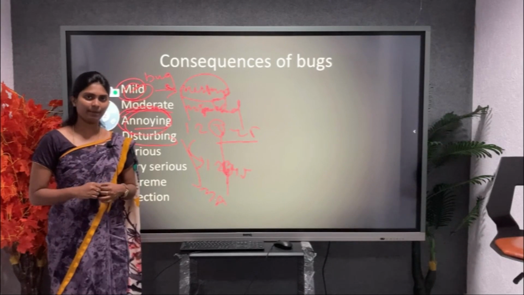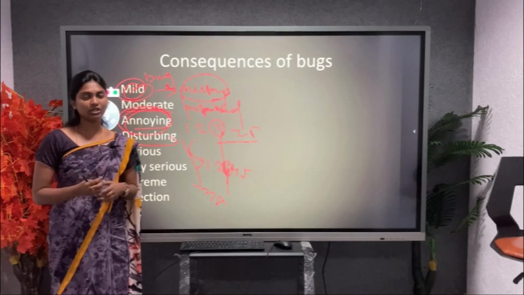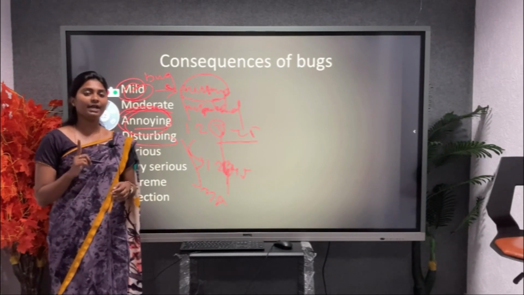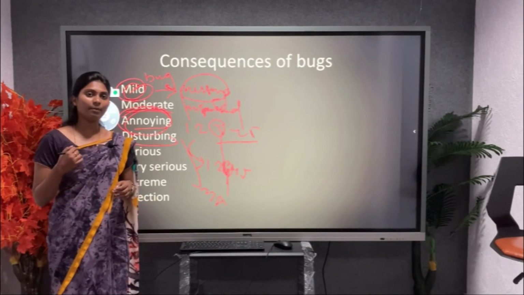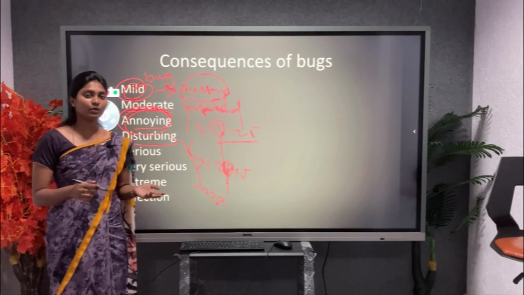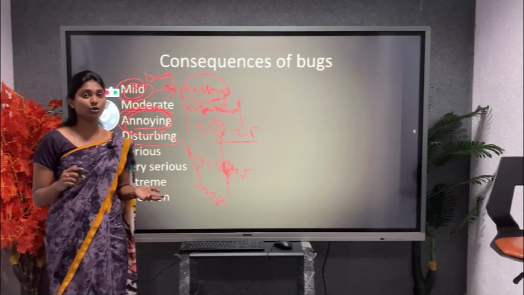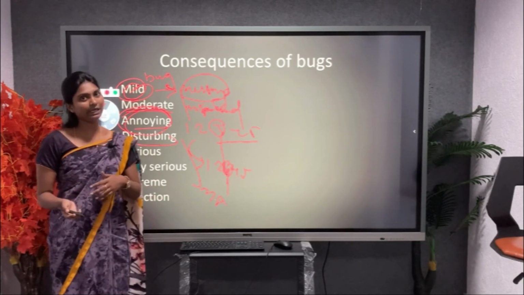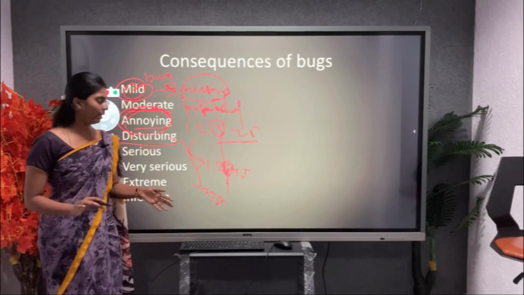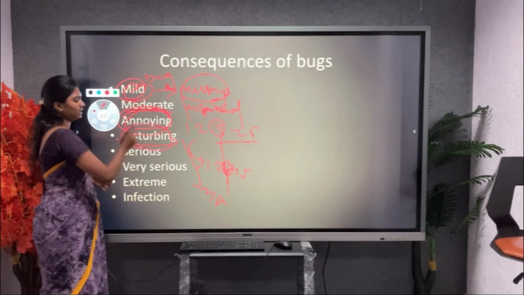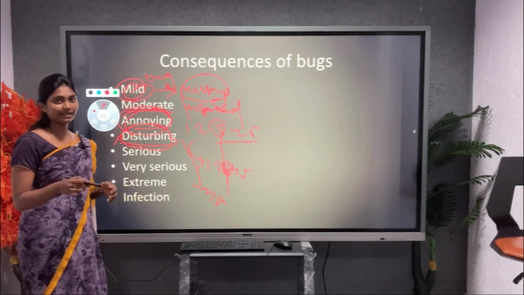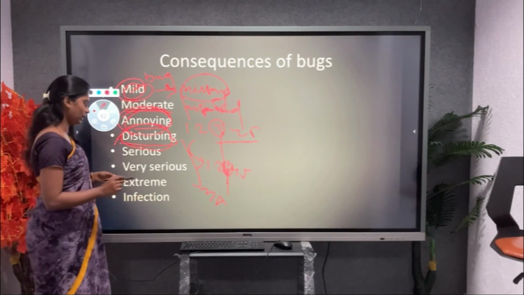Suppose I use GPay continuously and transact with so many people. At one time, on behalf of one person, I gave money to another person, which is nothing but a wrong transaction. So many transactions also lead to the disturbance of bugs. We have to keep the transactions minimal, because many transactions also lead to a particular bug.